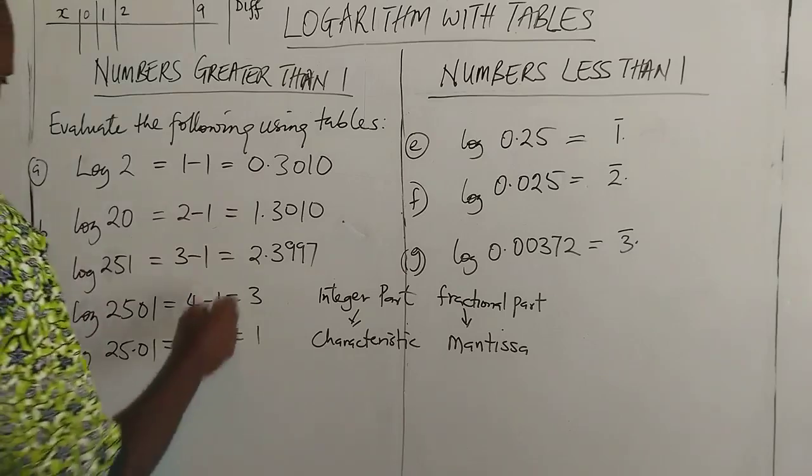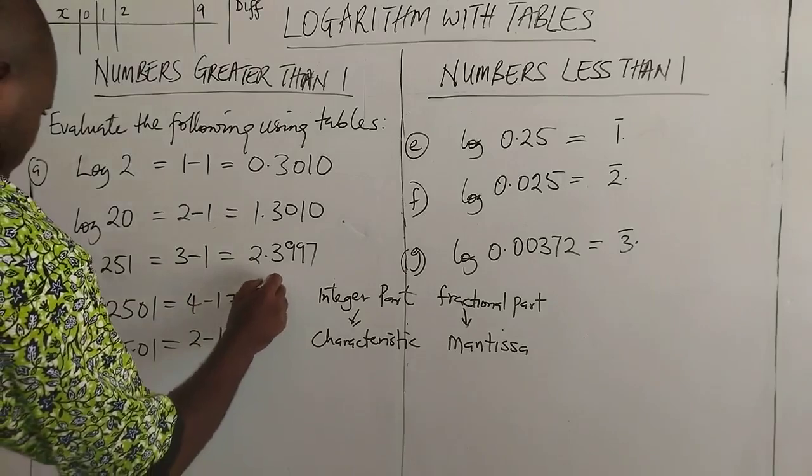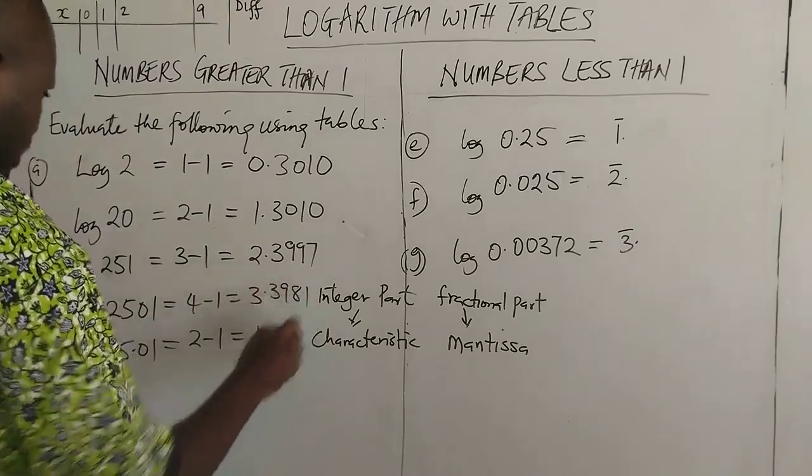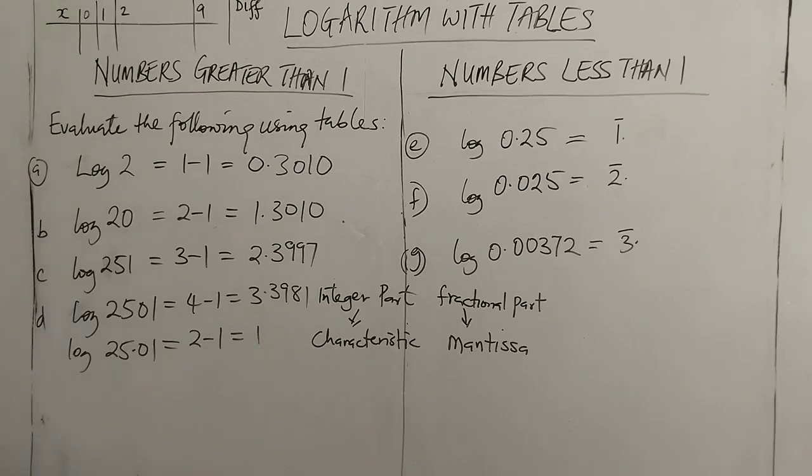So if you do that, it will be 3981. Now, if you look up for this one, it will still give you the same thing, because this will be 25 under 0, difference 1. And you will still land at the same thing.